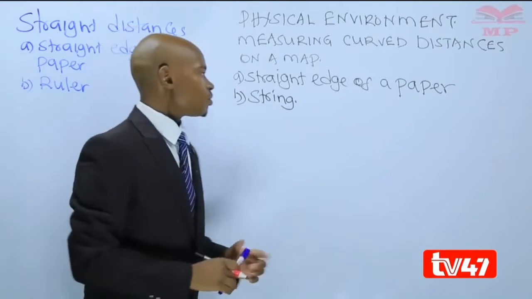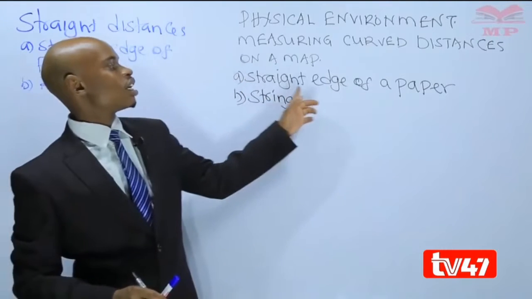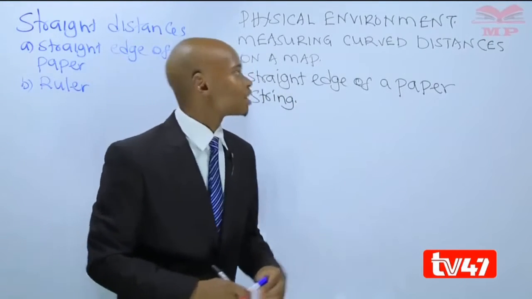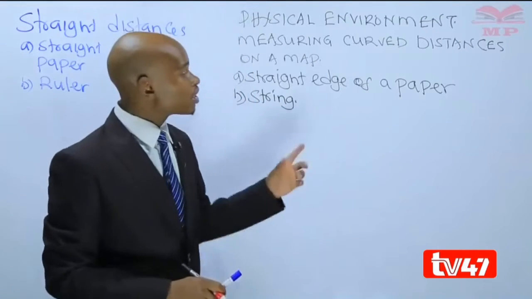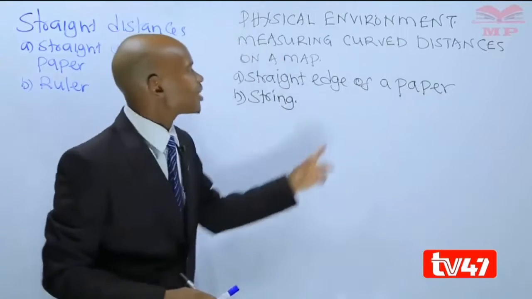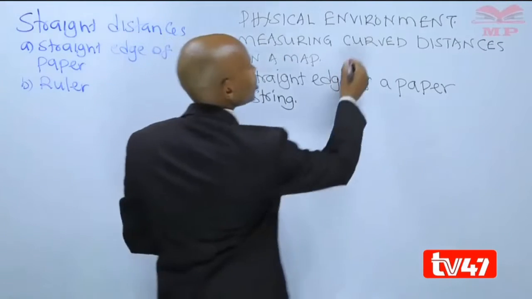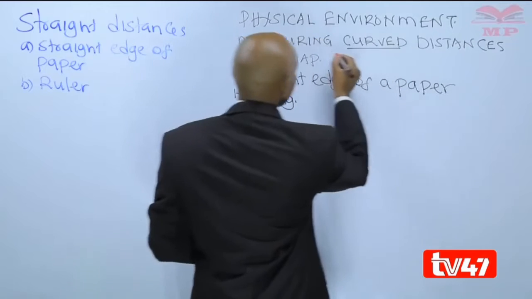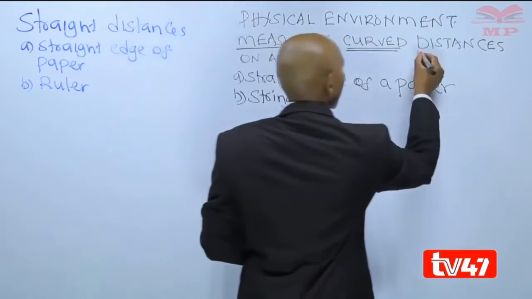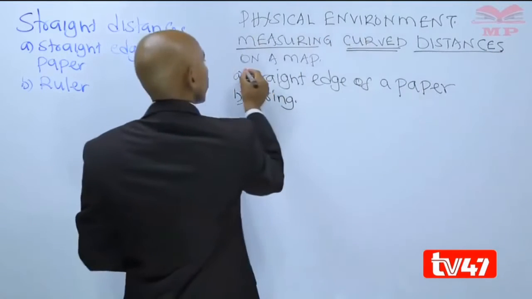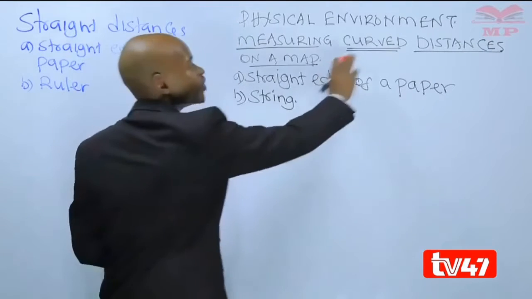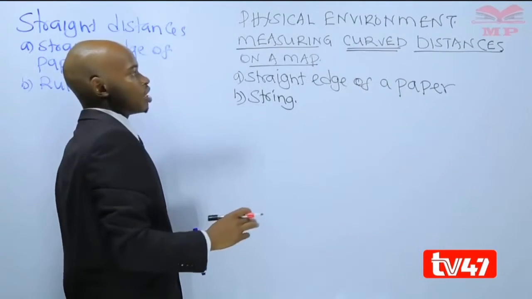Now, using a straight edge of a paper does not mean that we are measuring a straight distance. The only thing we are using is a straight edge of a paper, but the distance is curved. Our concern is curved distance on a map, so do not be confused.